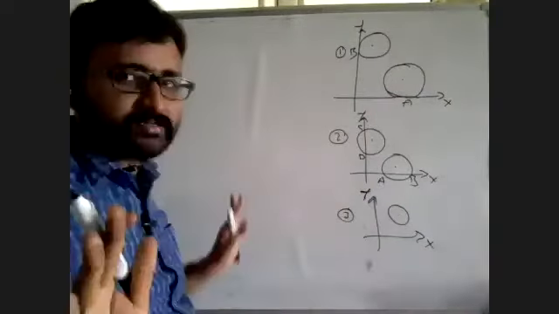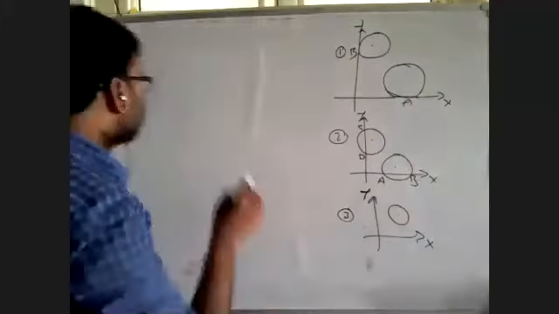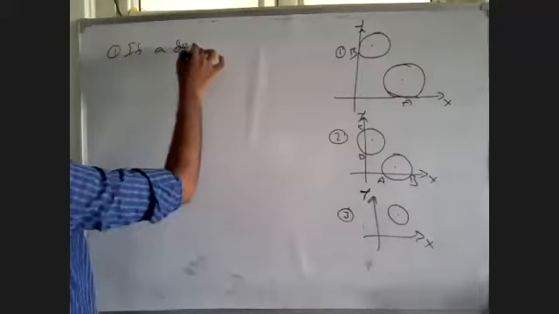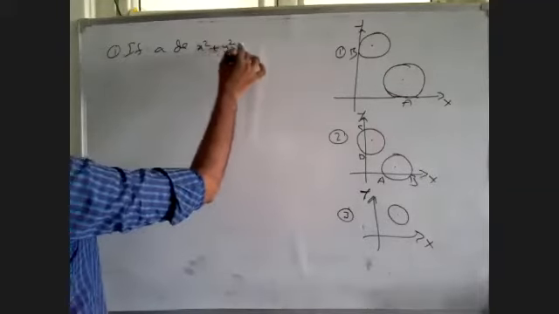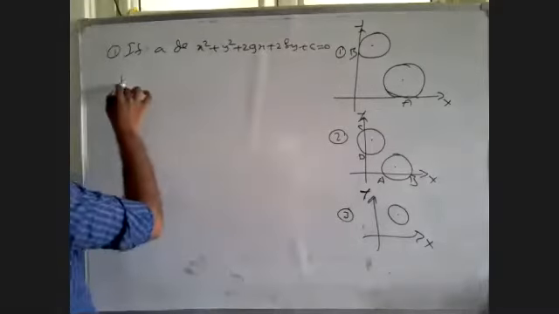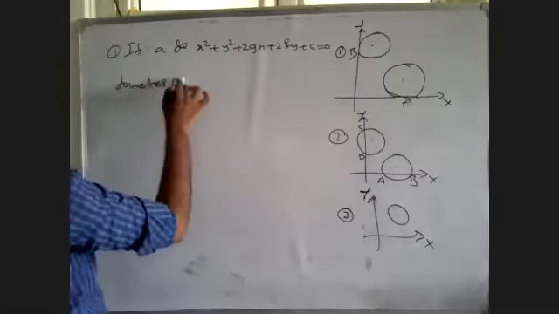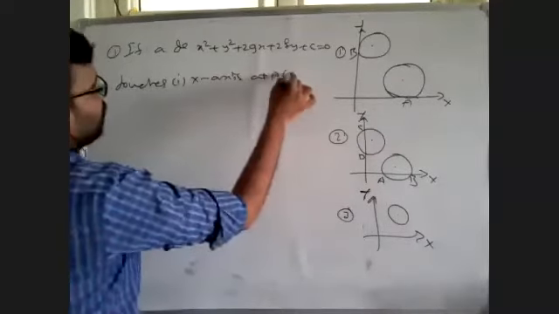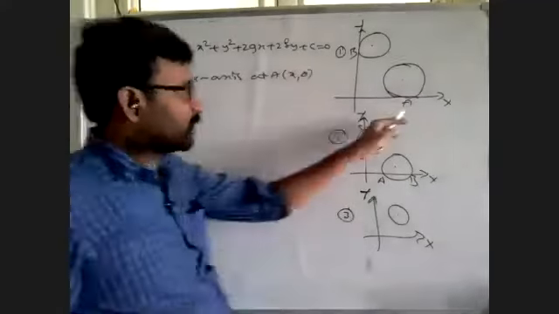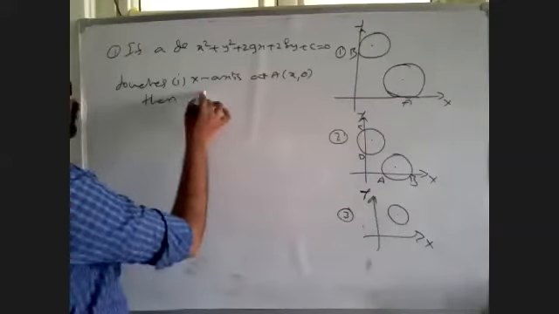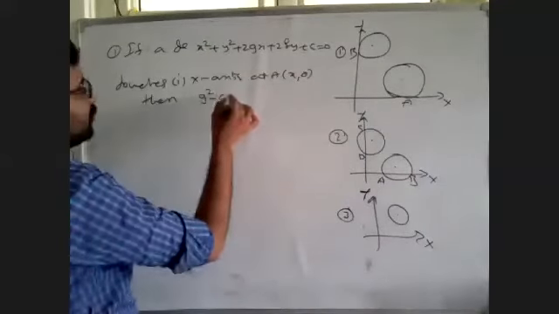Now what about the first case, second case and third case? Here, if a circle touches x axis, that's the condition. If a circle x square plus y square plus 2gx plus 2fy plus c equal to 0 touches x axis at the point a x comma 0, then the condition is g square minus c is equal to 0.